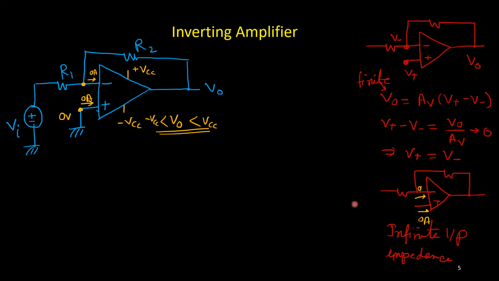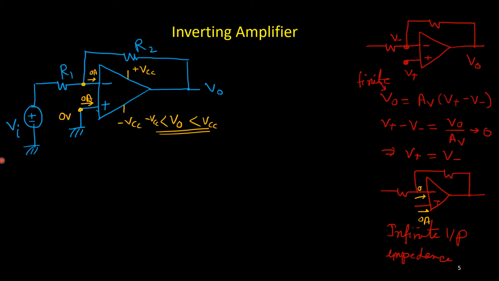Okay, so this is the important thing that we are assuming right now, and with this assumption we'll proceed. Then at the end we'll see whether V naught is really within this range or not. If it is not within this range, then our assumption is not correct, so we cannot take V plus equals V minus.